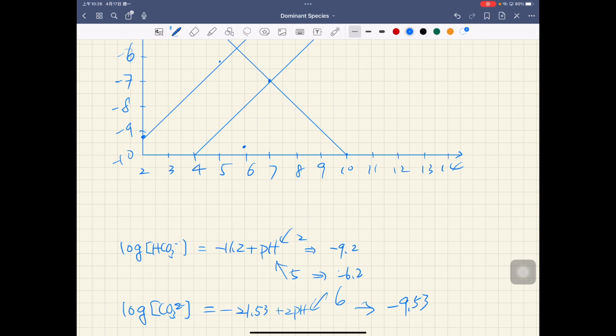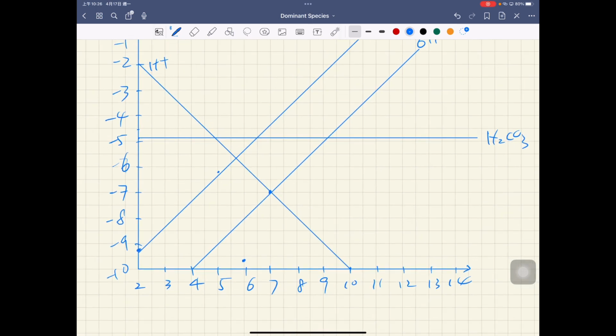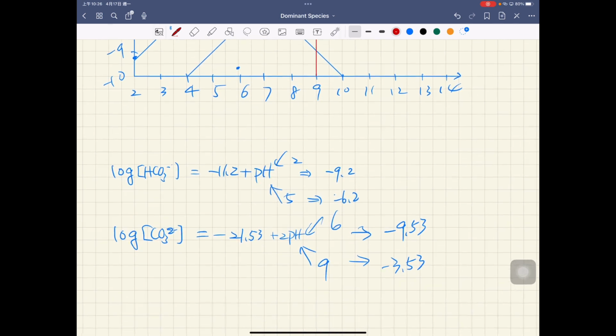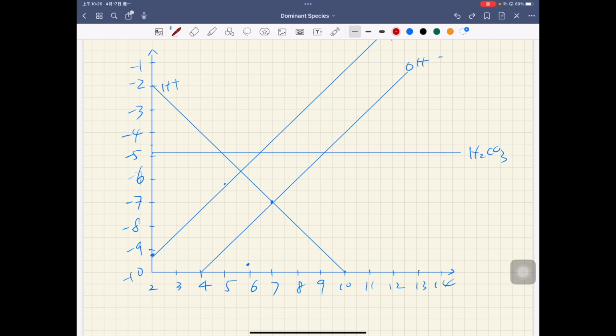Okay. And then I'm going to give it 10. When it's 10, I'm going 9 will be enough. Okay. If I give it 9, it's 18, so it's minus 3.53, right? So 9 is this line, 9 is here, and how much I say? 3.53, right? 9 is here, 3.53 is here.